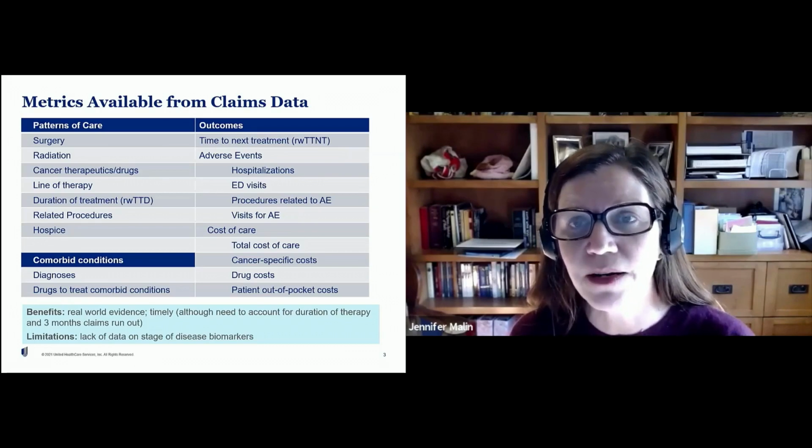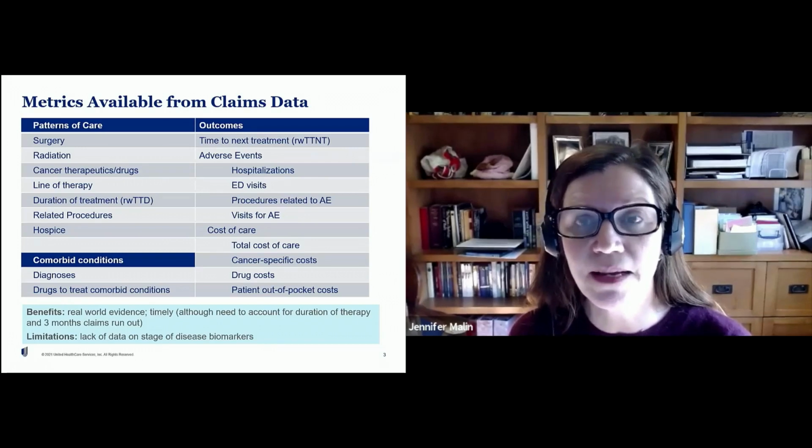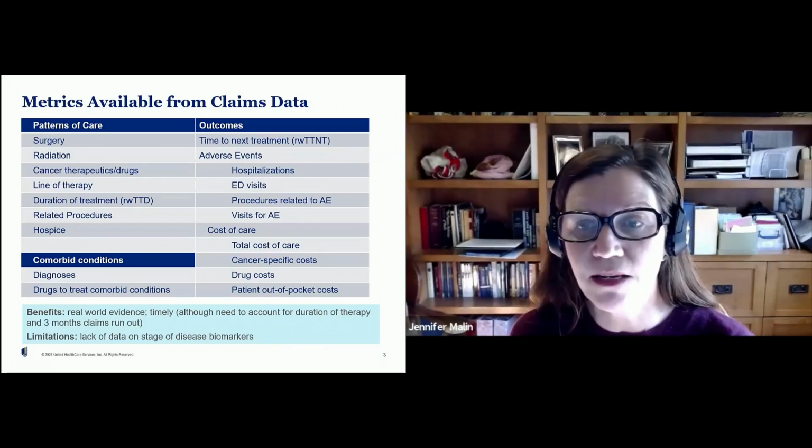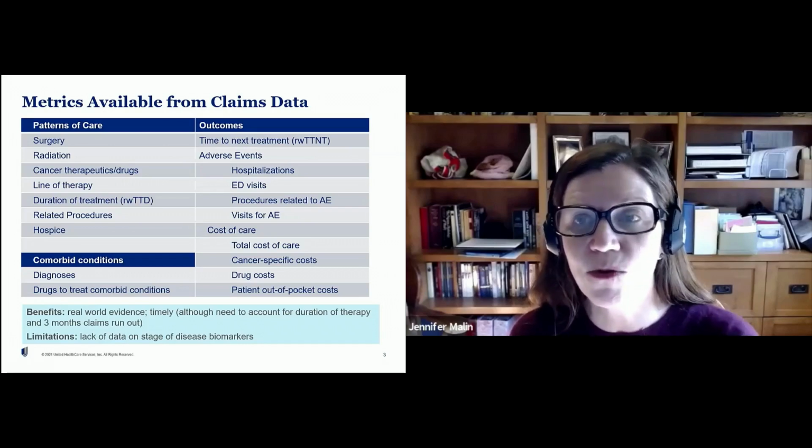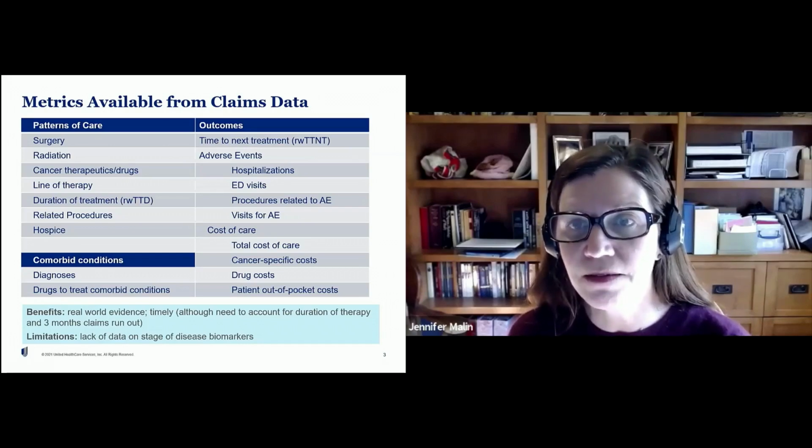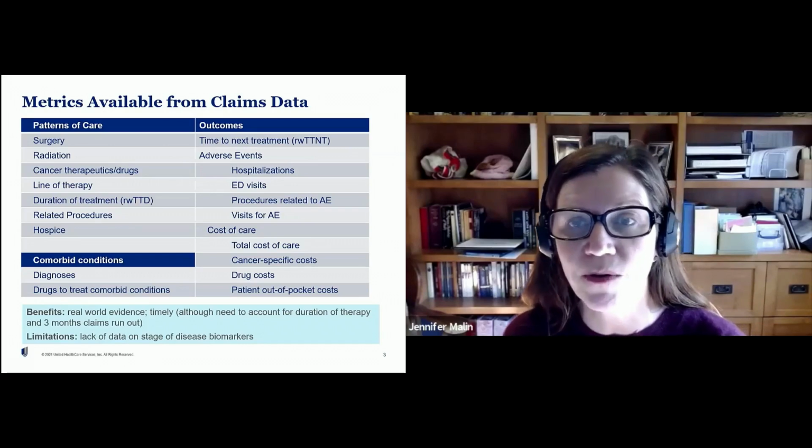And there are specific outcomes that are frequently obtained from claims, whether they're being used in isolation or linked with other data. Time to next treatment is increasingly being used as a proxy for disease progression.